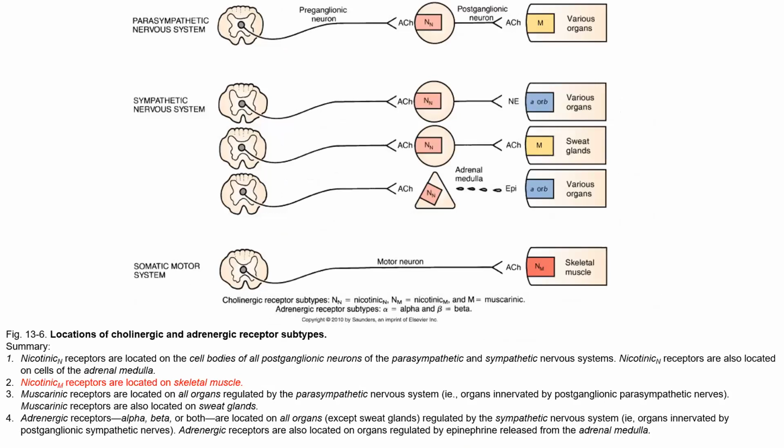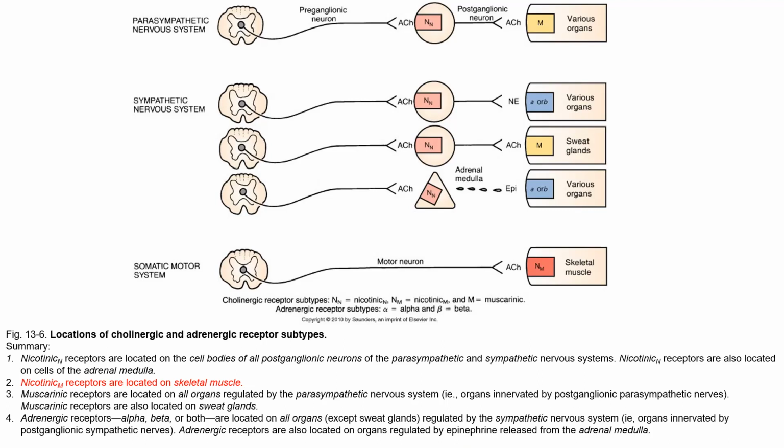More explanation here about the specific receptors at the ganglion and postganglion. In the parasympathetic, first of all, we have cells with either nicotinic N receptors or muscarinic receptors. M denotes the muscarinic receptors, N the nicotinic receptors, and also nicotinic M receptors.